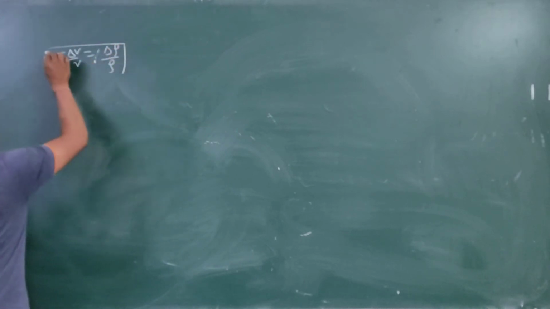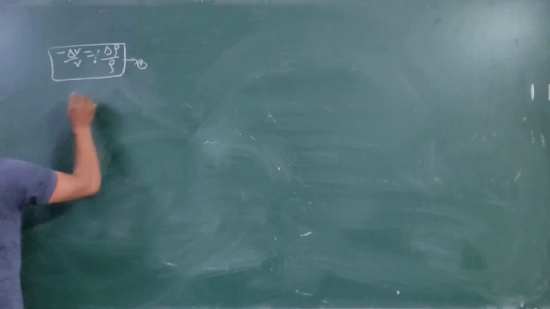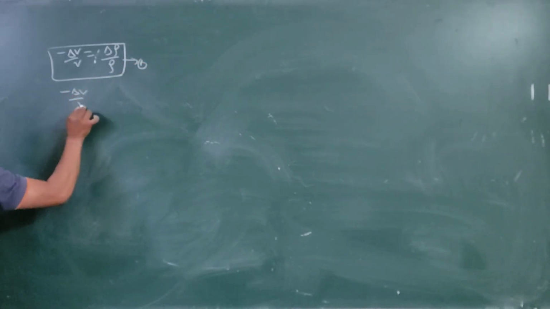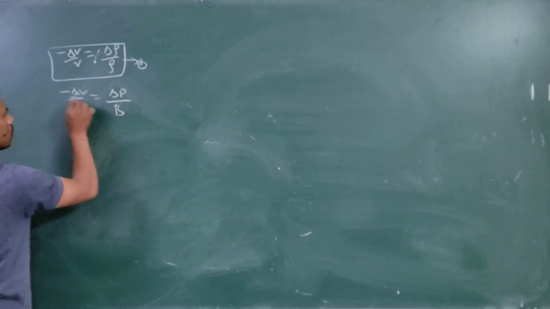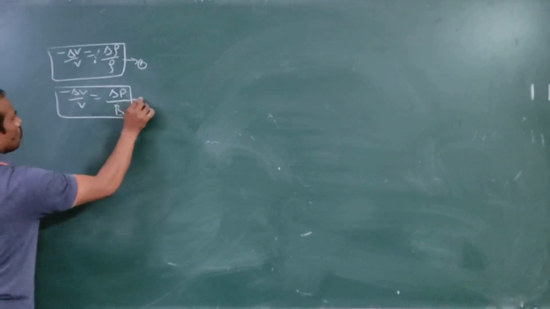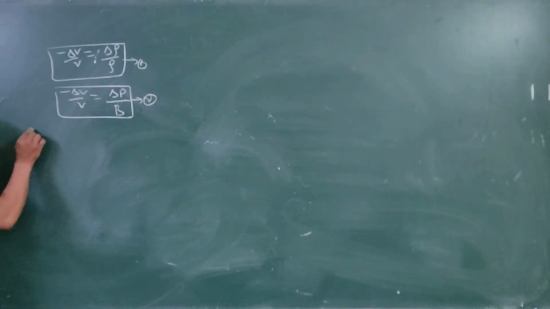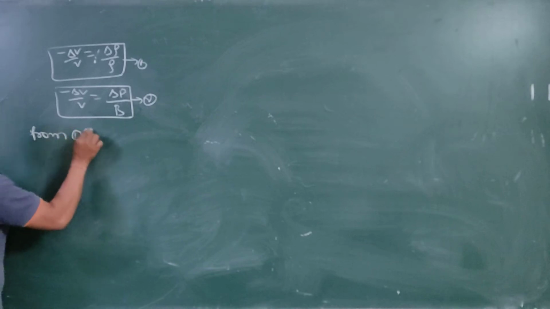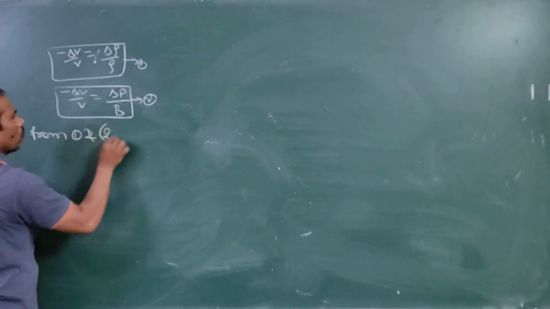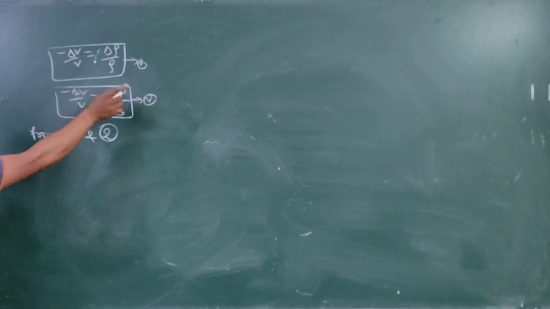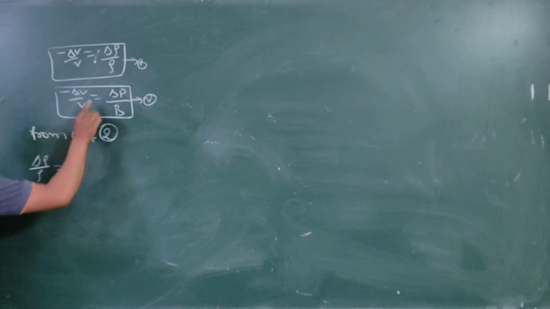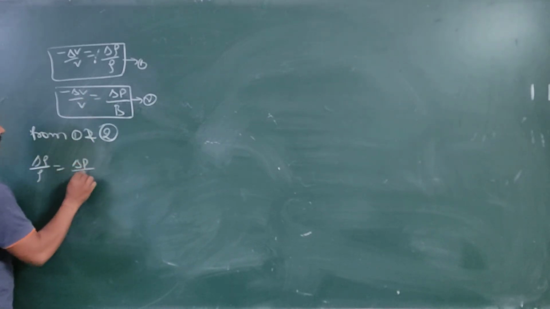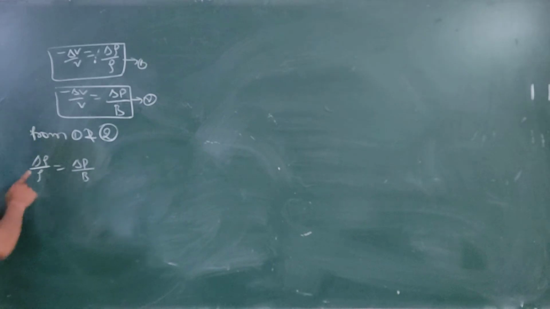And equation 2: minus delta V by V is equal to delta P by B. Comparing these two equations, delta rho by rho is equal to delta P by B. So this is the change in density.